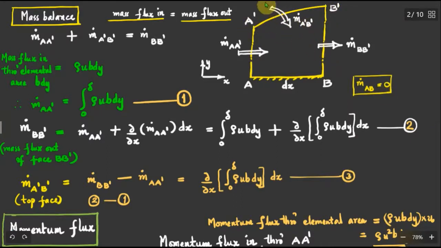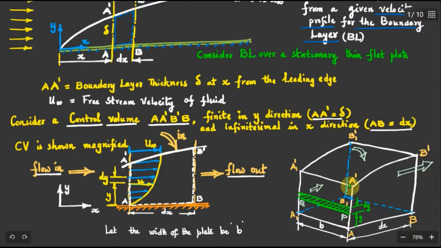So the mass flow rate entering through that will be m dot A dash, B dash. And then the mass flow rate going out of the control volume through the right face B dash is represented by m dot B dash. So if you consider the top face, it is this one, A dash, A1 dash, B1 dash, B dash.